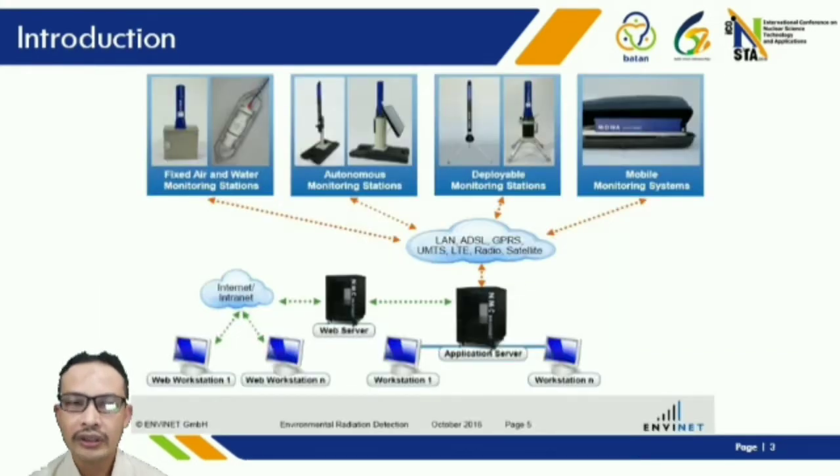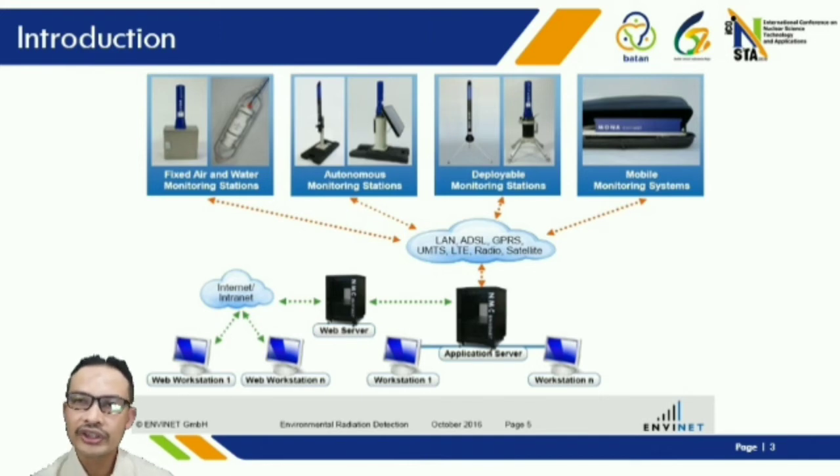In these slides, we can see the system of radiation monitoring. We have a system with local sensors and local stations that measure the radiation exposure and of course the radioactive release from the nuclear installation.